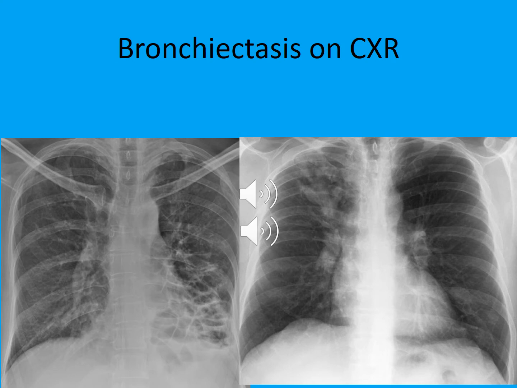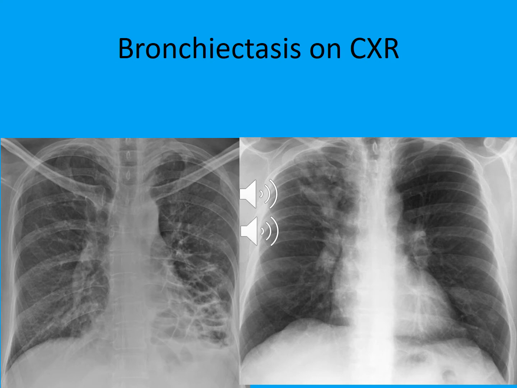In patients with advanced disease, we can frequently see directly the dilated bronchi. On the X-ray on the left, you can clearly see dilated bronchi in the lingula and the left lower lobe associated with multiple air fluid levels suggestive of active infection.